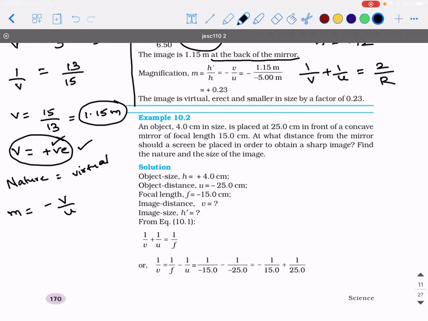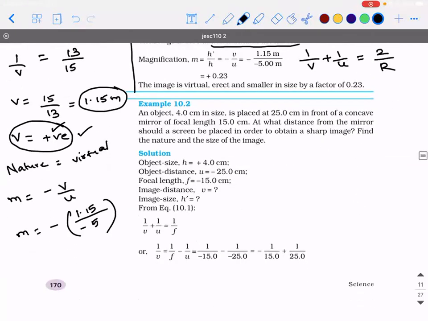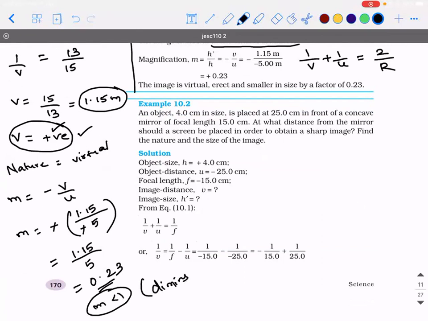So M is equal to minus of V, which is 1.15, divided by U, which is minus 5. So minus and minus will get cancelled. 1.15 divided by 5 is going to be 0.23. So 0.23 is less than 1. So magnification less than 1 means it is a diminished image.